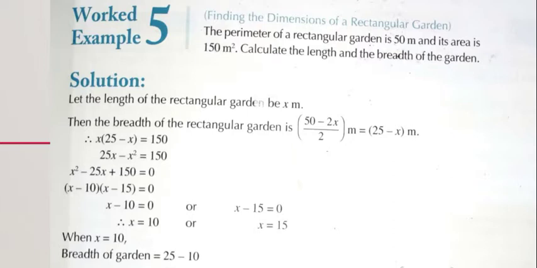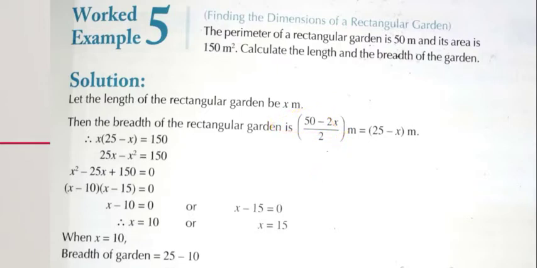Okay, and then simplified: 50 divided by 2 is 25, negative 2x divided by 2 is negative x. So it will always be like this: just perimeter minus 2 times the length, and then over 2.